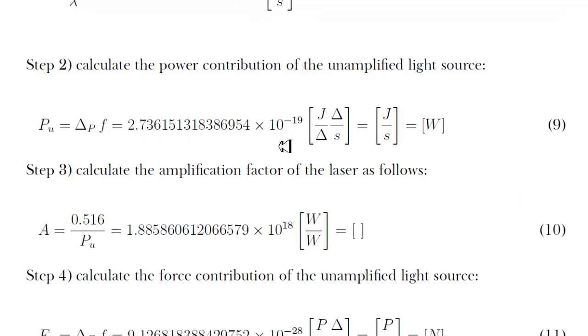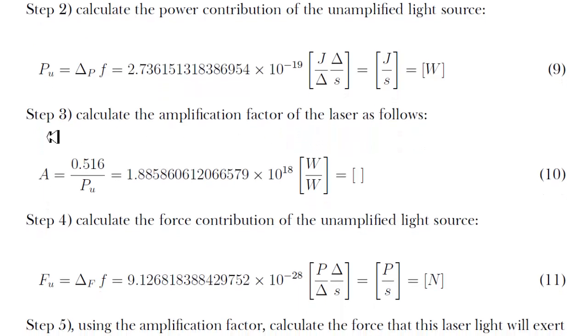So using this value, we can now do step 3, calculate the amplification factor of the laser. We take the power of the laser, 0.516 watts from the original question, and we divide that by P sub U, which is the power contribution of the unamplified light.